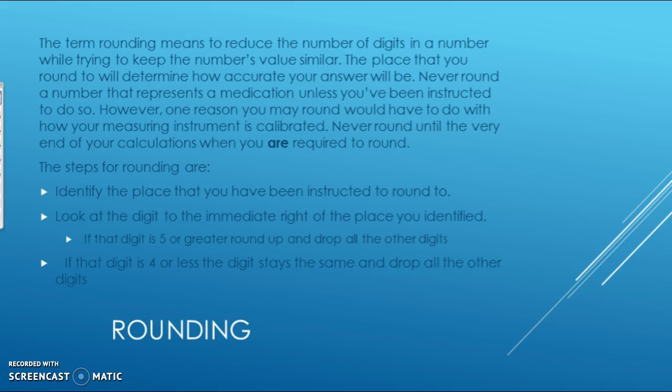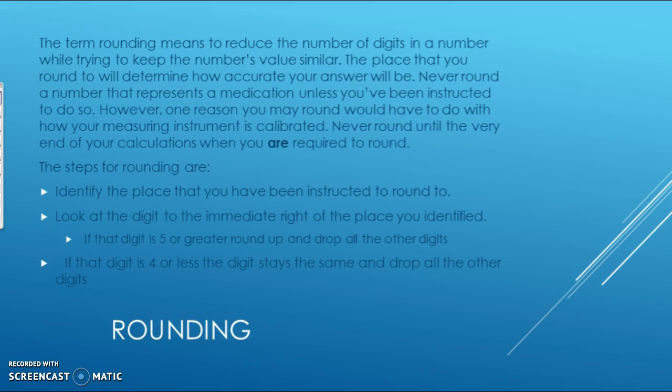Now, after you get past addition, subtraction, multiplication, and division, you're going to get into rounding. Rounding is something that some people struggle with a little bit, but these are the steps that you're going to be using. First, identify the place that you've been instructed to round to. Pick that spot and identify it. I usually underline it.